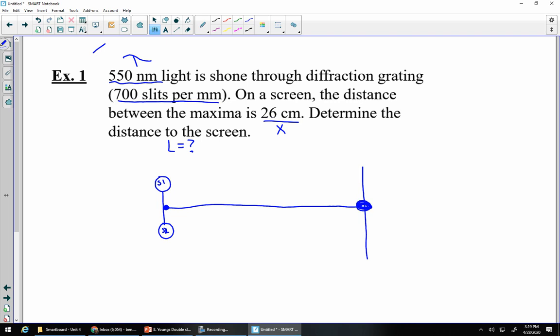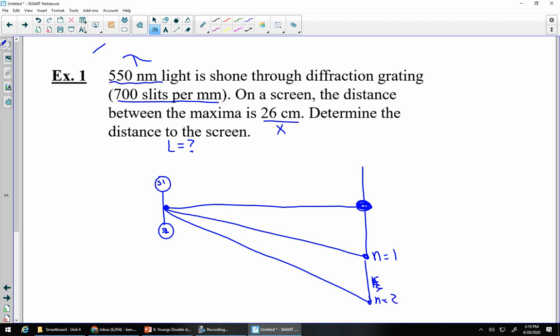Nice. We've got our first order maxima coming here, making n is equal to 1. We also have it coming down here, and n is equal to 2 as well.